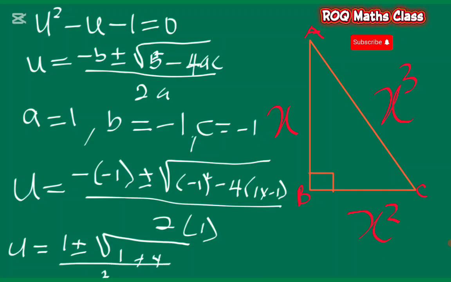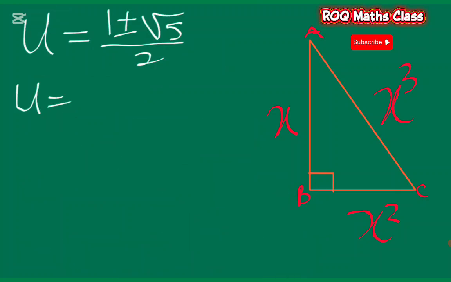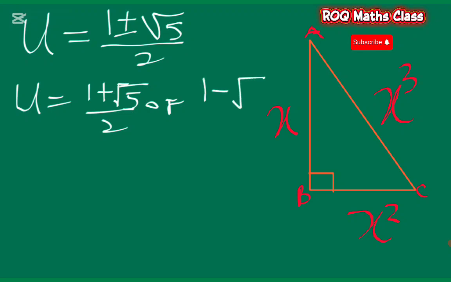So this is equal to 1 plus or minus root of 5 over 2. 1 plus root of 5 over 2, or 1 minus root of 5 over 2.